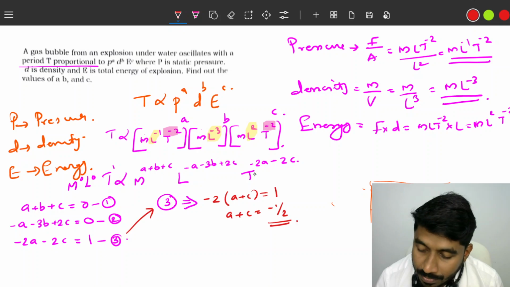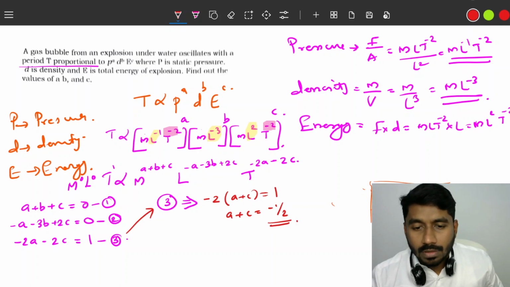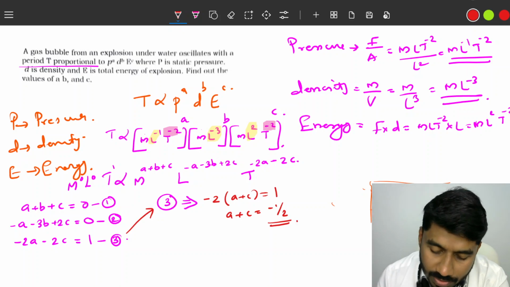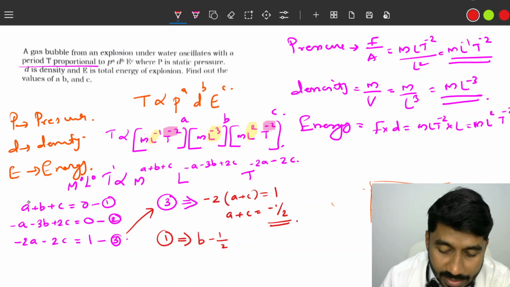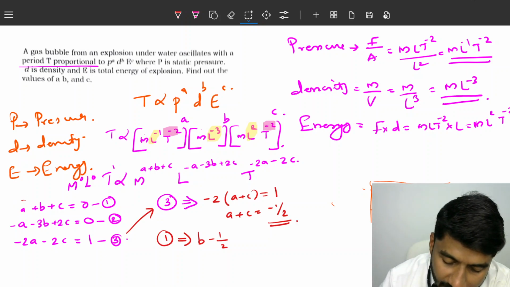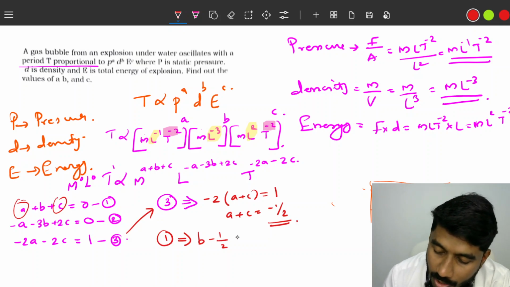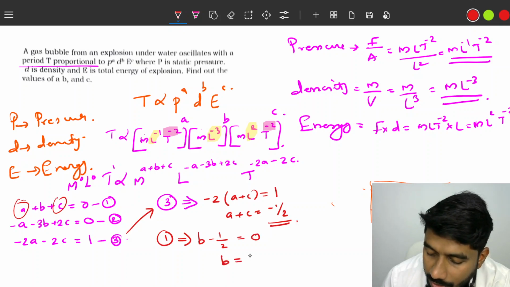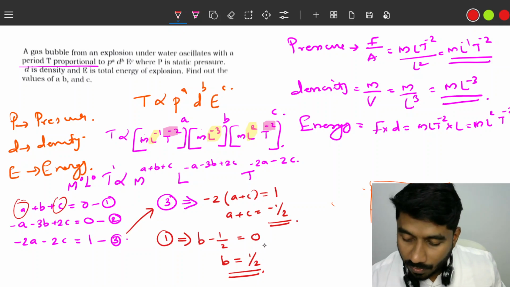Take equation 1 and substitute A plus C equal to minus 1 by 2, in the place of A plus C. So B minus 1 by 2 equal to 0, and you will get B equal to plus 1 by 2. Is this clear? You will get B equal to plus 1 by 2.